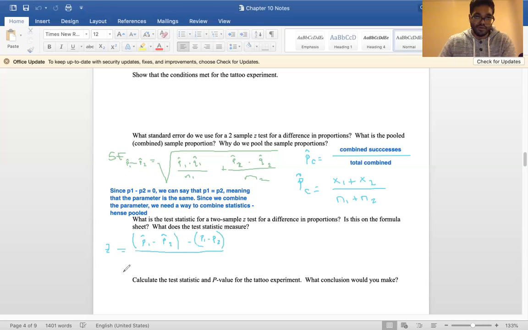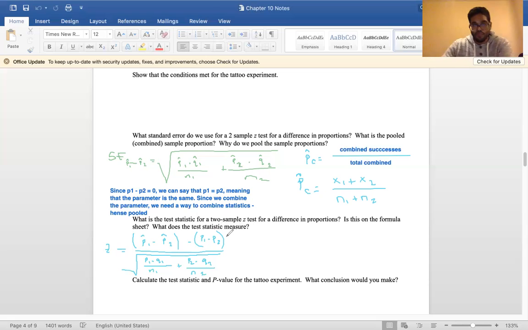So then I'm going to put P1 times Q1 over N1 plus P2. And be careful here. Make sure you're using P and Q, not P hat and Q hat, in your denominator. Over N2.